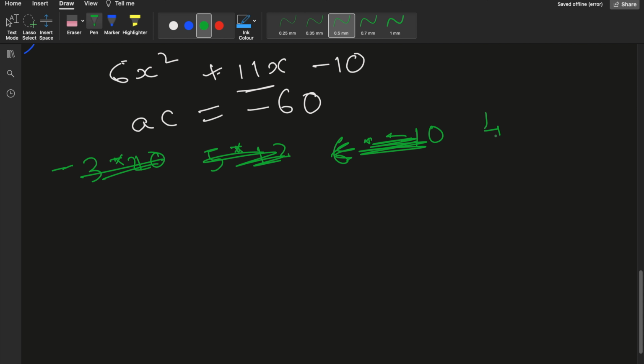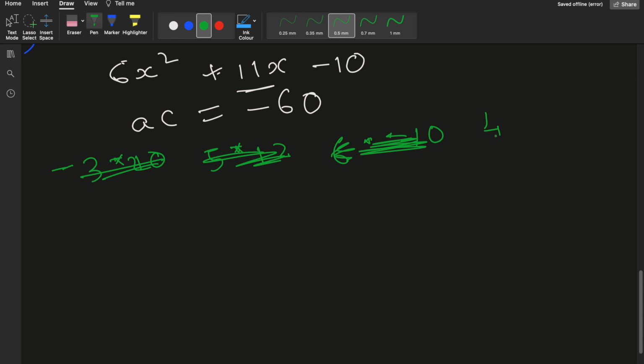Now we'll just have to simplify it and factorize it. This is our answer. Yep, that's the answer.